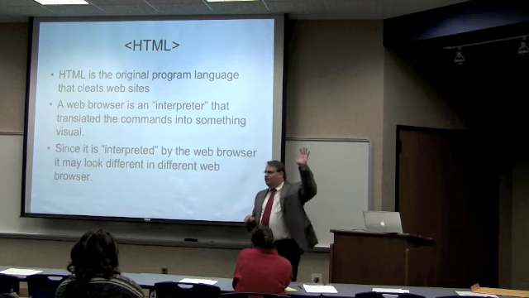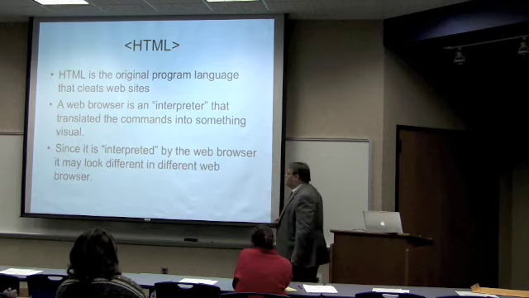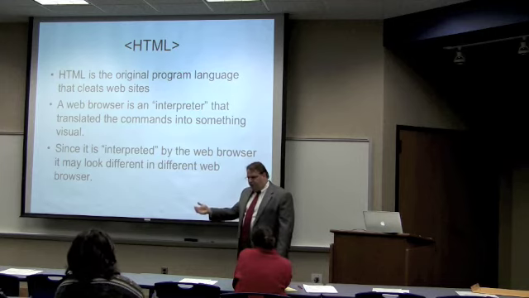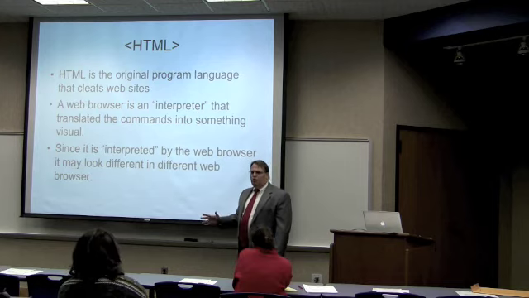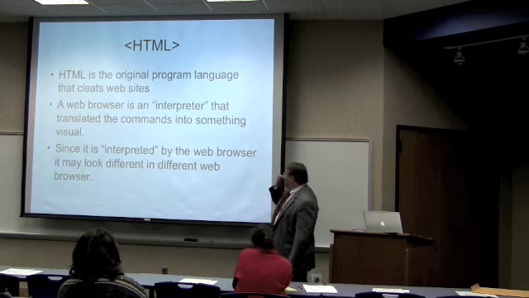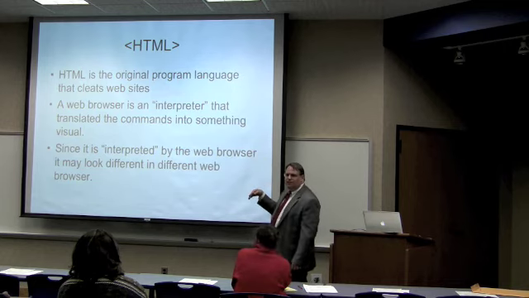Anyone who's done programming before? Right. So a program is written and then either interpreted or compiled. You don't need to know what that is. I'm just giving some terms so you'll recognize them. The web browser is an interpreter that translates it into something you can see.